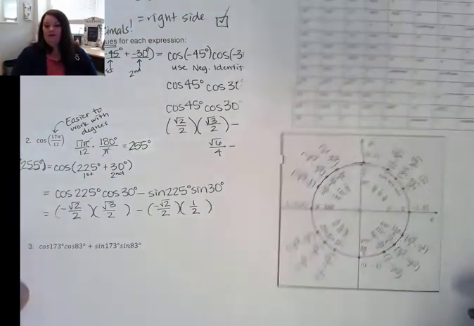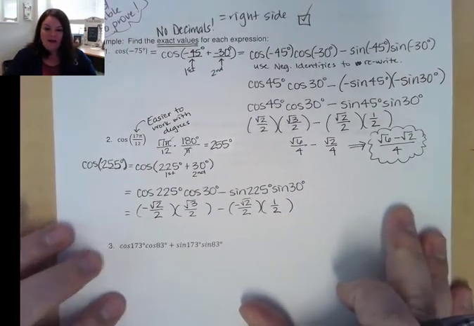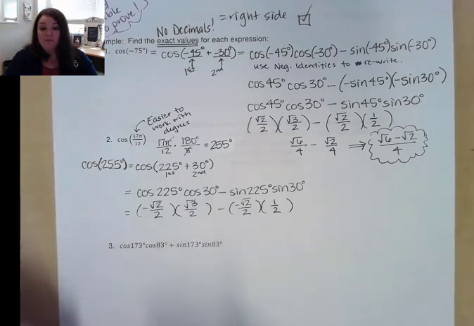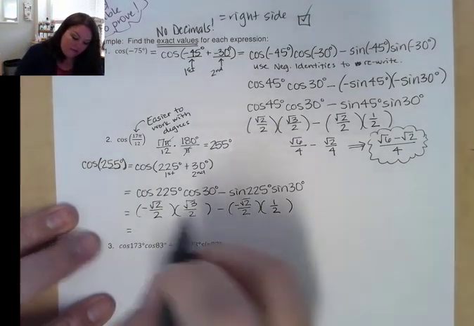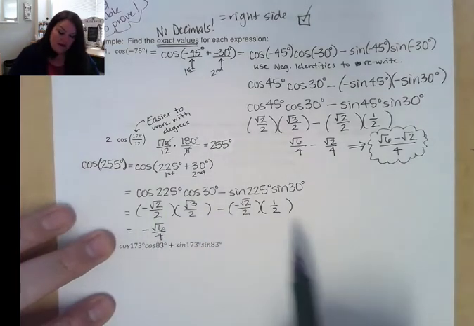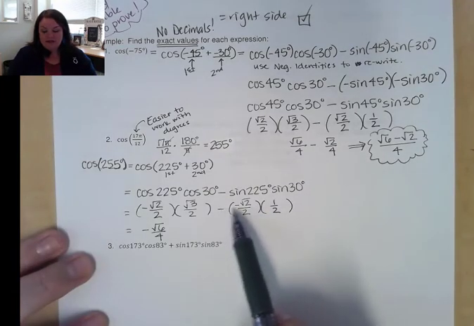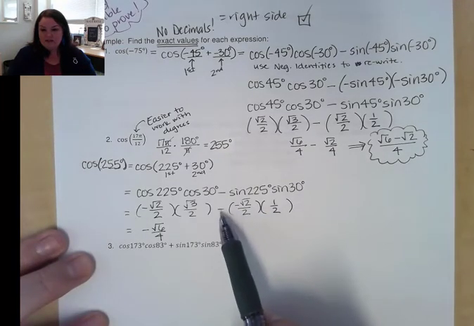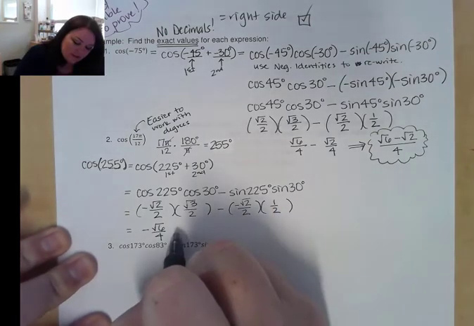Okay. So now that I have my values filled in, now I can go ahead and finish out simplifying this, right? So a negative times a positive is going to give me a negative square root of 6 over 4. And here I have two negatives, so that's going to make this a positive term, right? Because negative times negative is positive, times another positive is still positive.